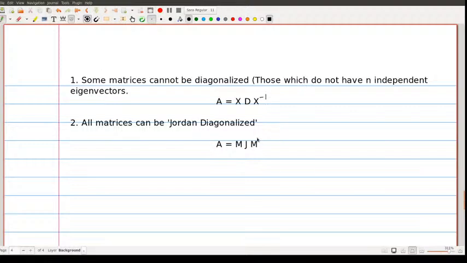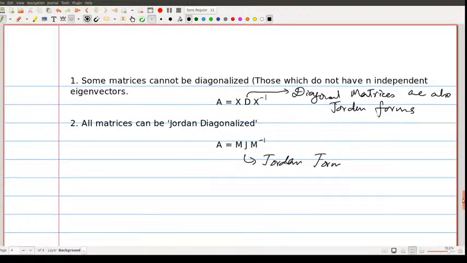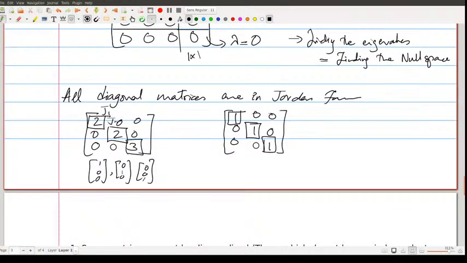So what I'm saying is this is not possible for all matrices, but this is possible where J is in Jordan form. And actually, the diagonal matrices are also Jordan forms, but if you think about it, if this is J1, J2, and J3, the Jordan diagonal is the same as the diagonal of the original matrix. Okay, so I hope that answers the question.